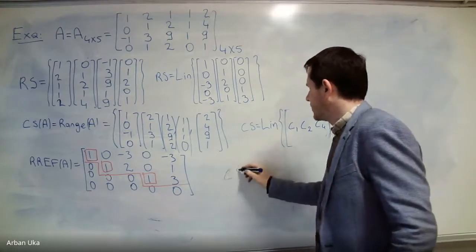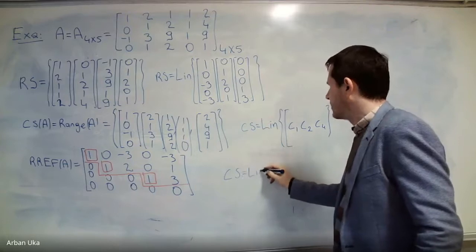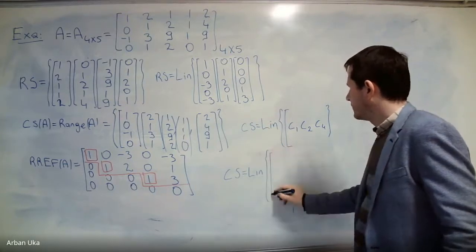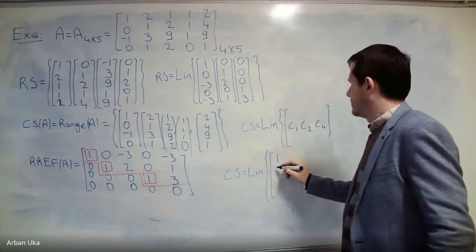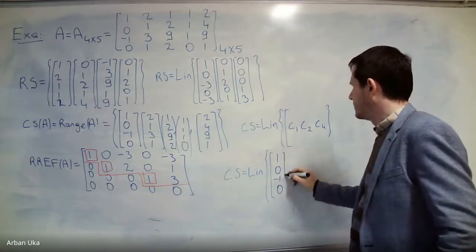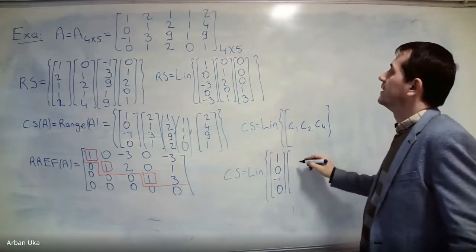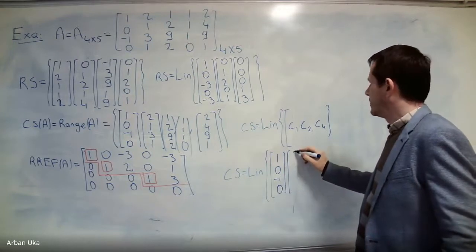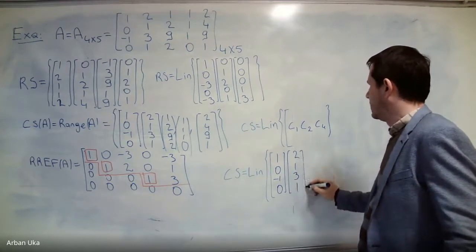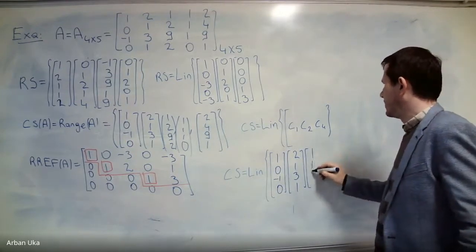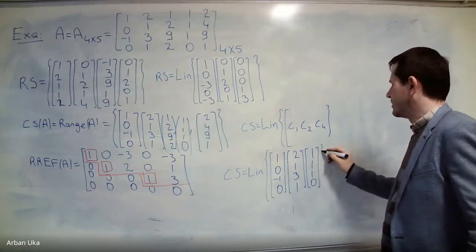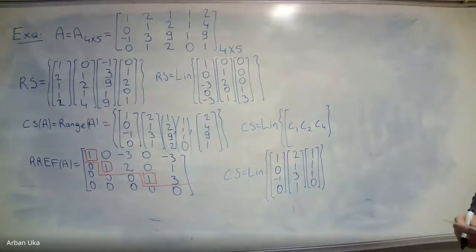We can write that the column space is equal to the linear combination of column 1: 1, 0, minus 1, 0; C2: 2, 1, 3, 1; and we skip the third and get the fourth: 1, 1, 1, 0. So this will be the column space of the matrix A. This is how we're going to pick them.